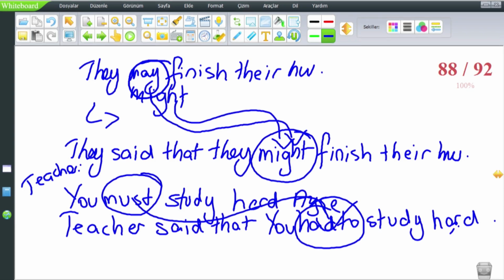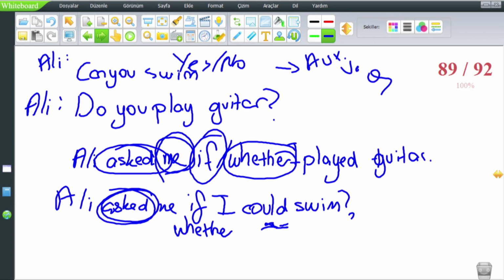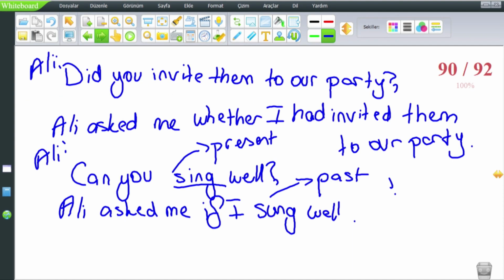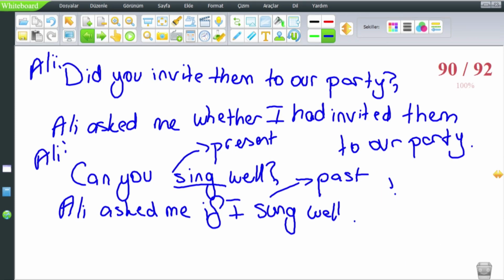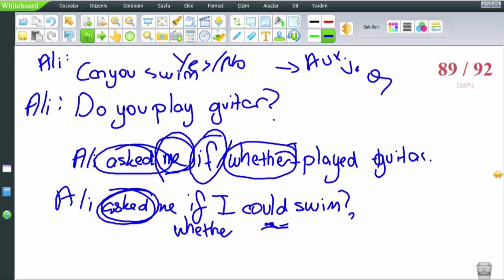We talked about that also here. And questions. We started with yes/no questions, auxiliary verb questions. "Do you play guitar?" Ali asked me if or whether I play the guitar.